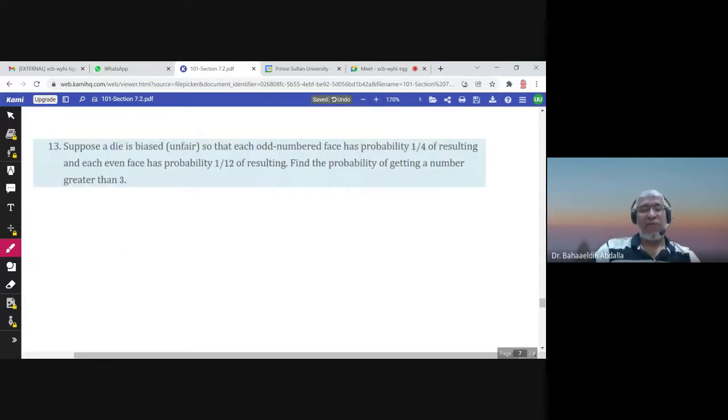Suppose a die is biased. Biased means it's not fair, unfair. So that each odd numbered face has probability 1 over 4. You know, when we toss a single die or roll a single die, the numbers are from 1 to 6. So here probability of 1 equals probability of 3 equals probability of 5.